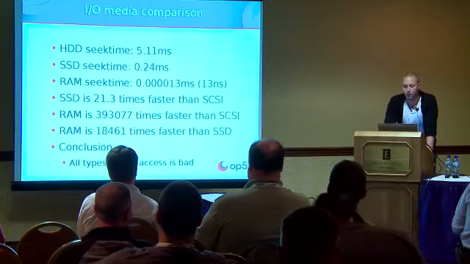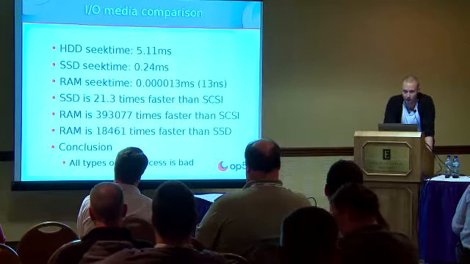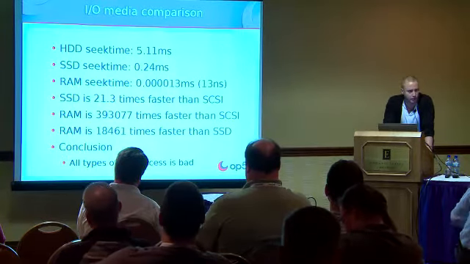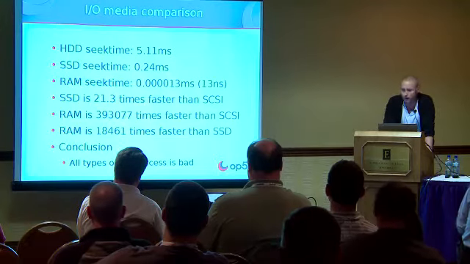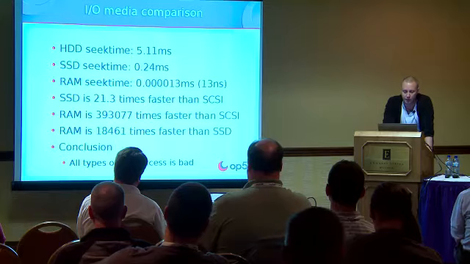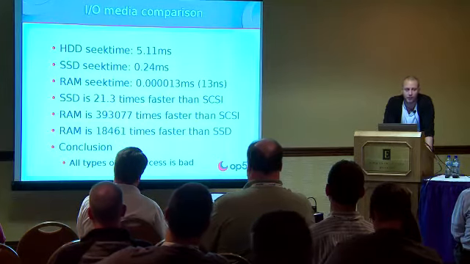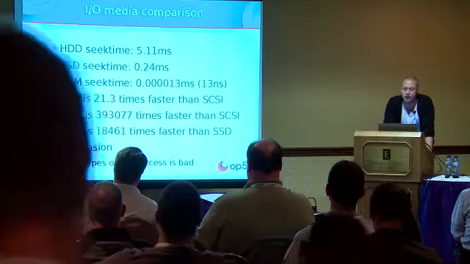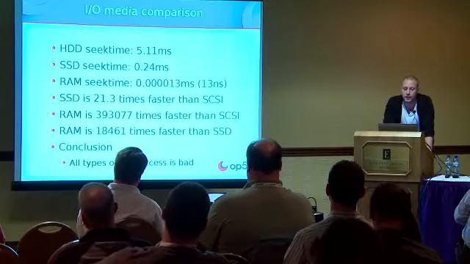I/O media comparison. When we have hard disk drives, this is for a SCSI top-of-the-line RAID 5 cluster thing, I think, it has a seek time of about 5.11 milliseconds. Solid-state drives have 0.24 milliseconds, and in RAM we get down to 13 nanoseconds.